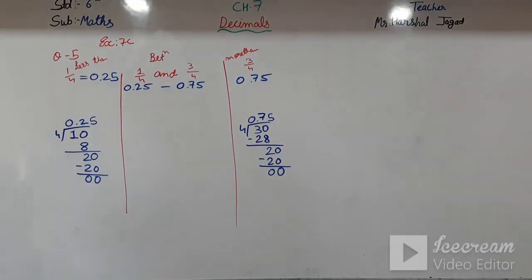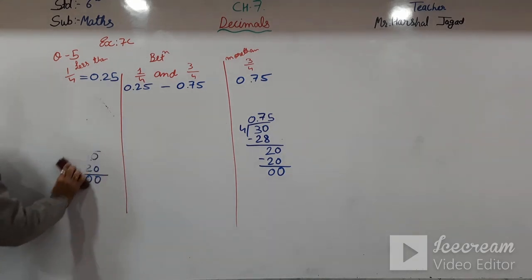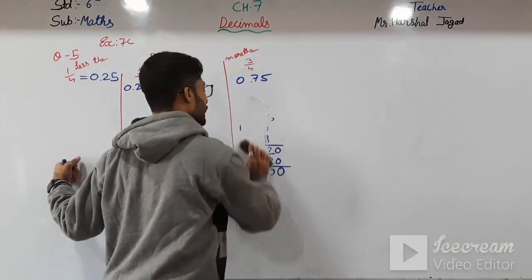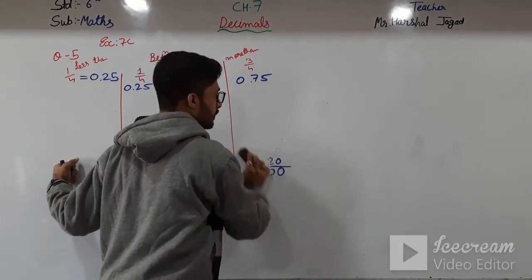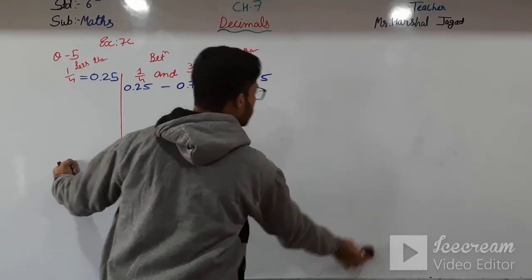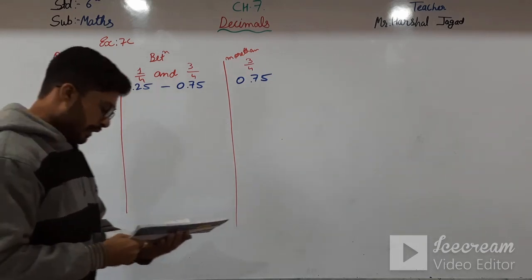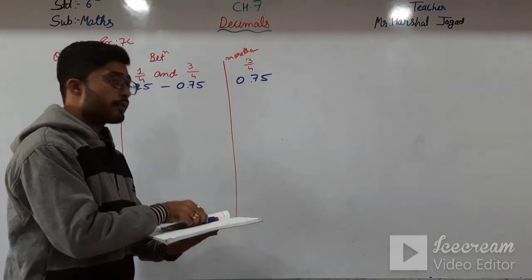Okay, so now we can easily identify which one is greater, which one is smaller and which one is between these two. Taking A, that is 0.4.